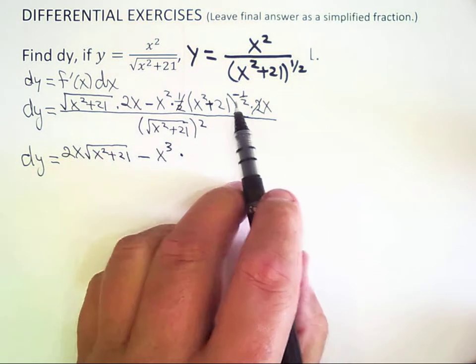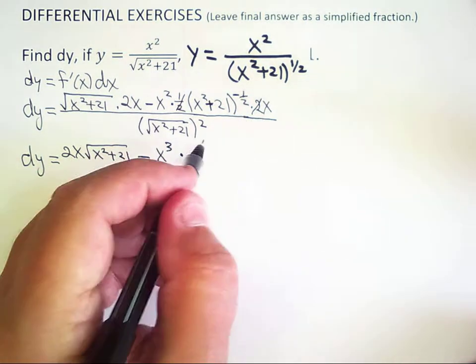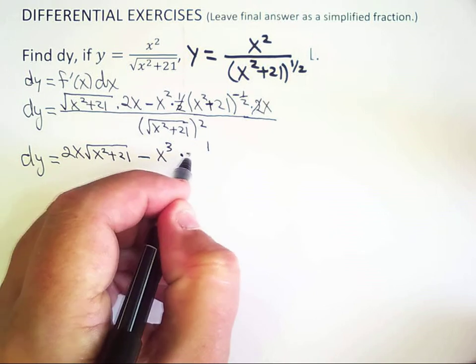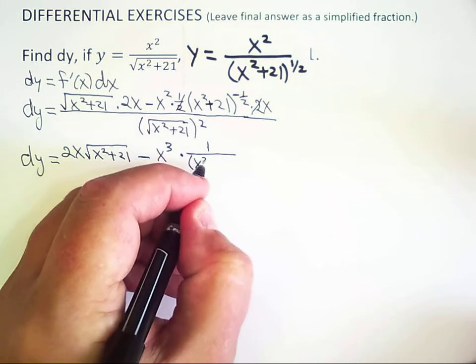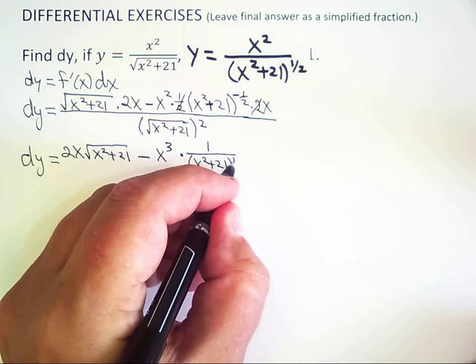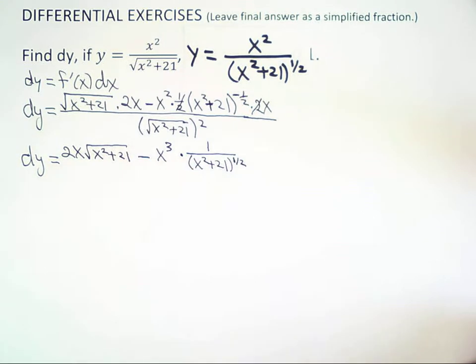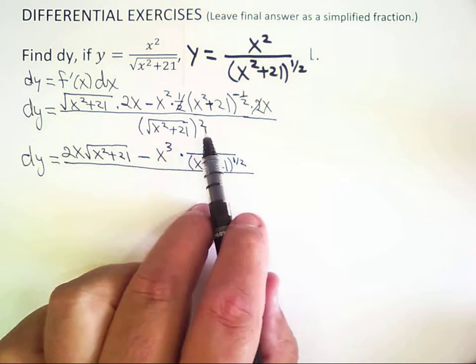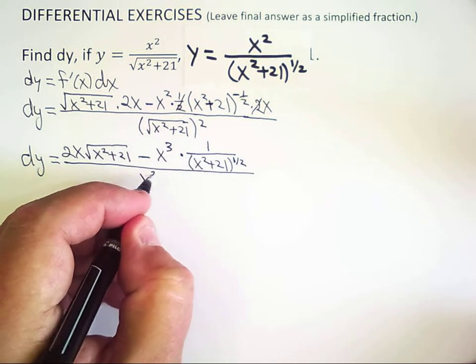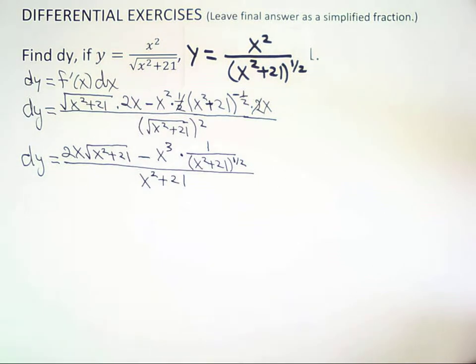But remember, a negative exponent means 1 over the positive value, so that expression with a negative exponent is really 1 over x squared plus 21 to the positive 1/2 power. And then, of course, all of that is divided by, when you square the square root, you end up with just x squared plus 21.